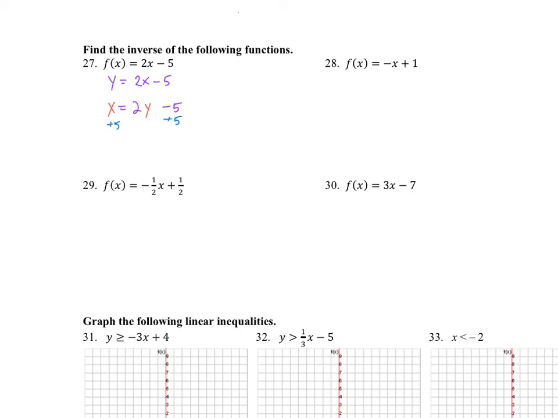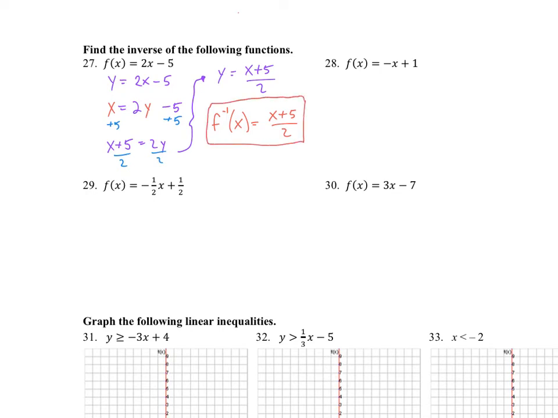That gives me x plus 5 equals 2y. Divide both sides by 2. So now y is by itself. So we get y equals x plus 5 over 2. And then the last step was to rewrite it with the new function notation, so the function inverse. So make sure you have the f negative 1 equals, right? And bring down your answer from above.